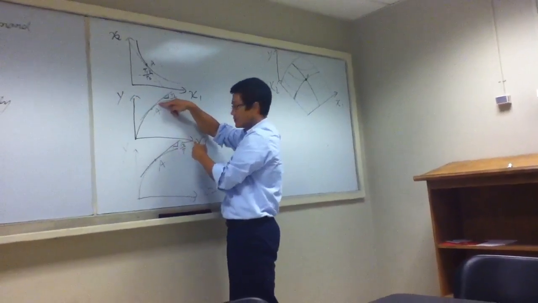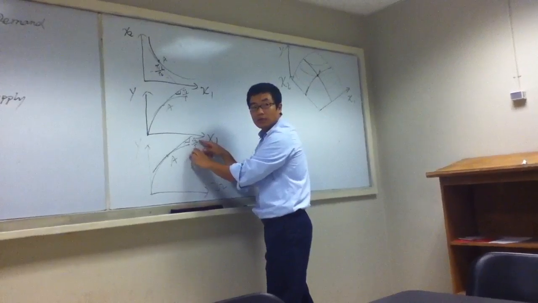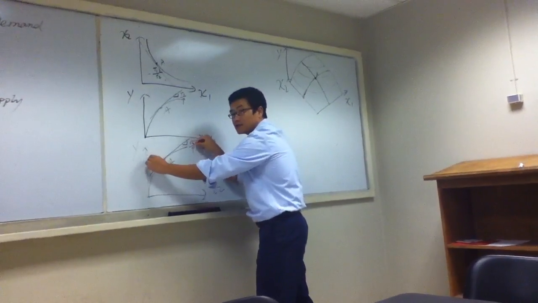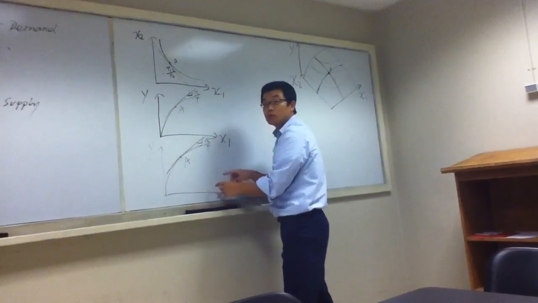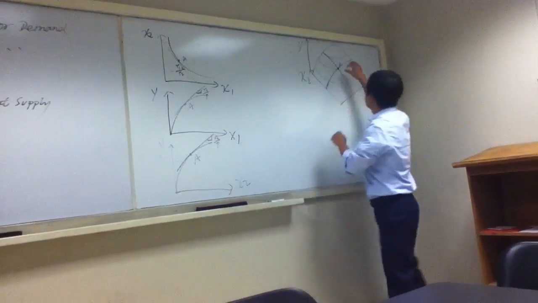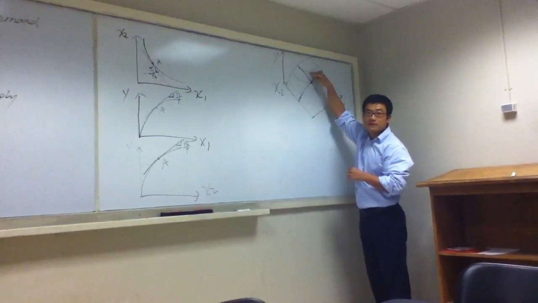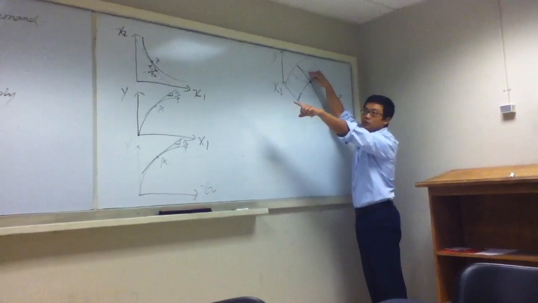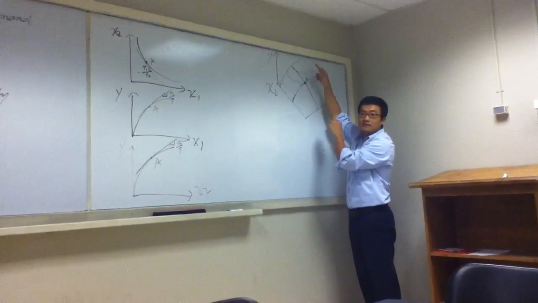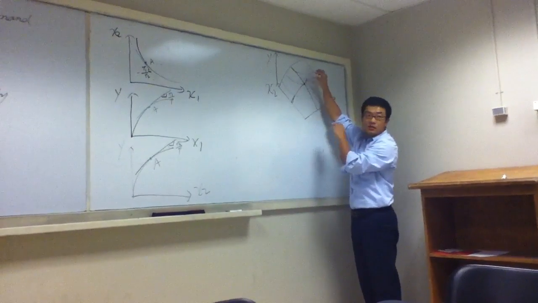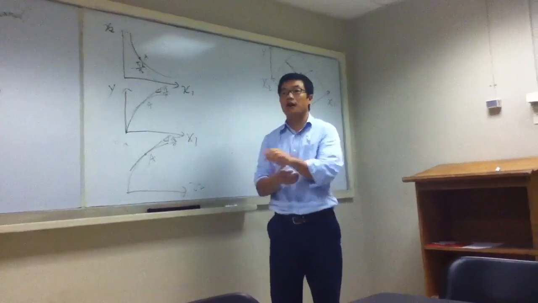x1 will increase. Similarly here, when price goes up, it becomes flat, and then y will increase, x2 will increase. So I'm moving from this point to this point. But because the factor price ratio remains the same, I'm still on the expansion path. My y will increase, and because y is increased, x1, x2 are also brought up.